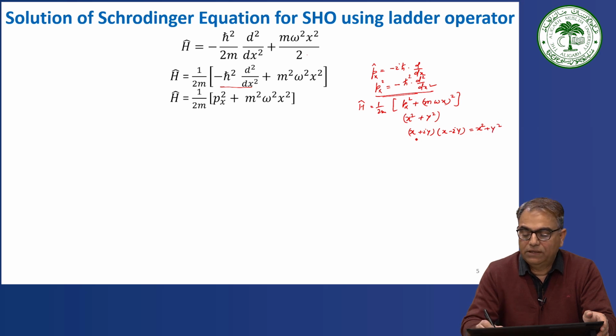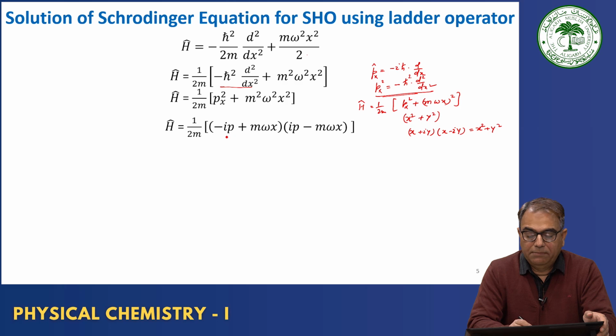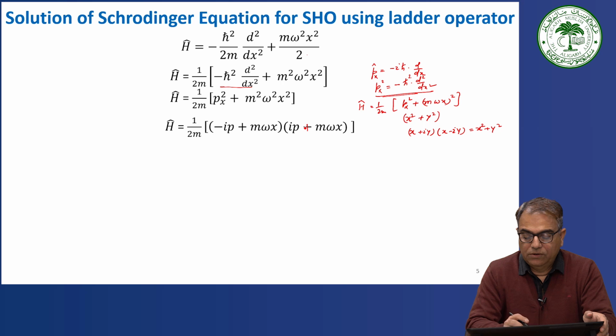That's what we did when introducing you to complex numbers. So you can factorize this into two parts: one is minus ip plus m omega x and the other is ip plus m omega x. Because the minus sign is already given here, it will be plus.